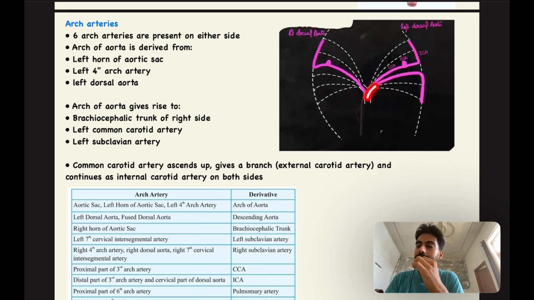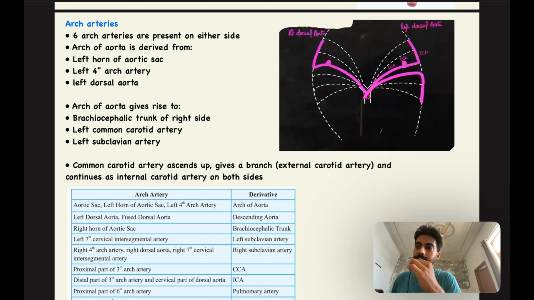So it starts from the left horn of the aortic sac, then the left fourth arch artery, then it goes down as the left dorsal aorta. These three structures together are called the arch of aorta.